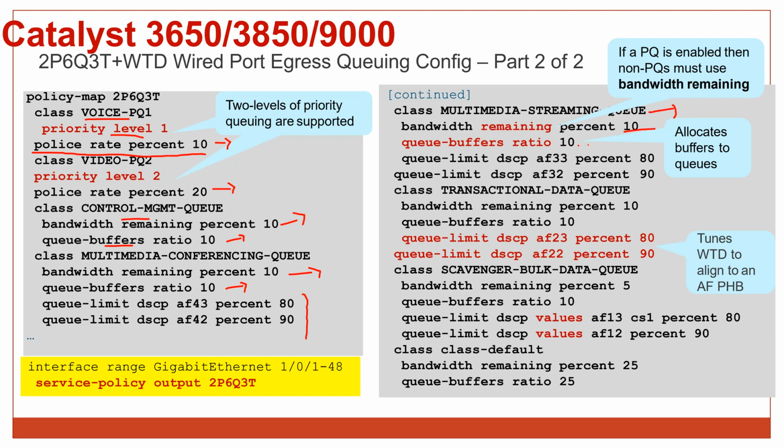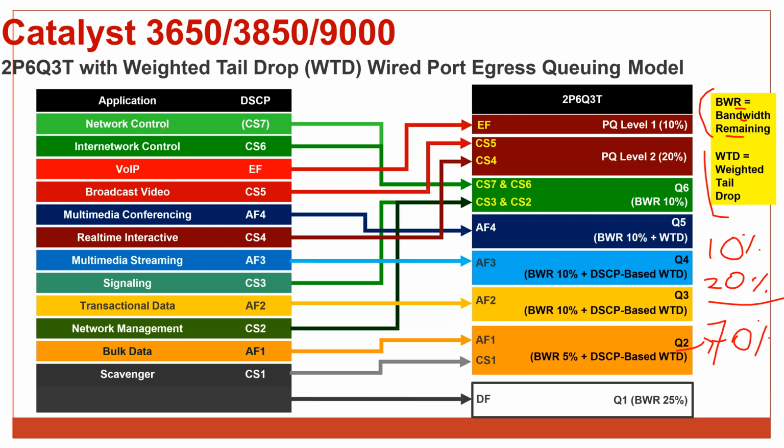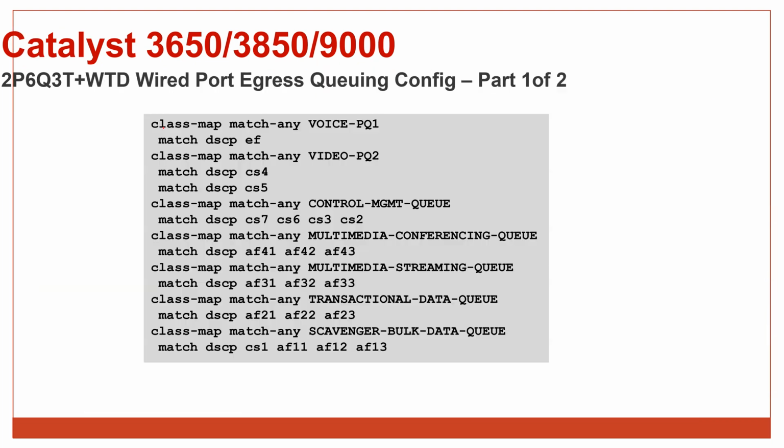Then you are giving the buffer for 10%. Then you will see that transactional data, that's also one queue, 10%, then 5%, and then 25%. So this is actually the CLI configuration of this particular diagram.